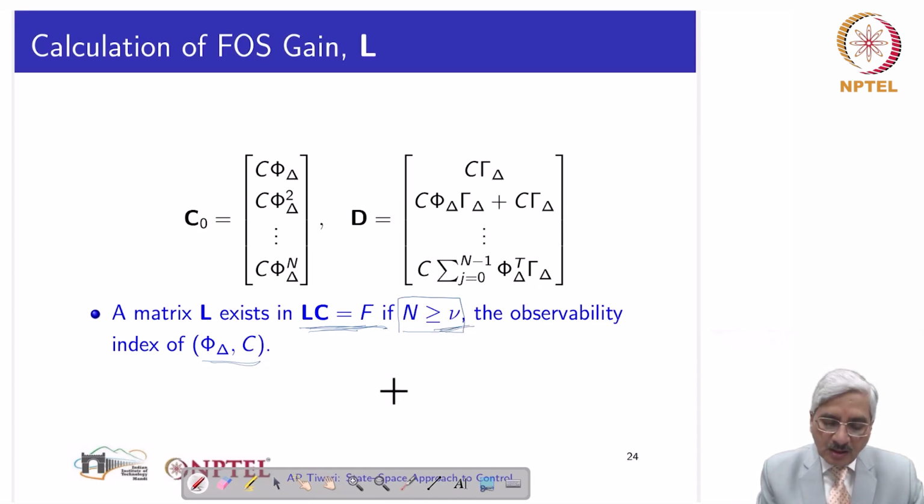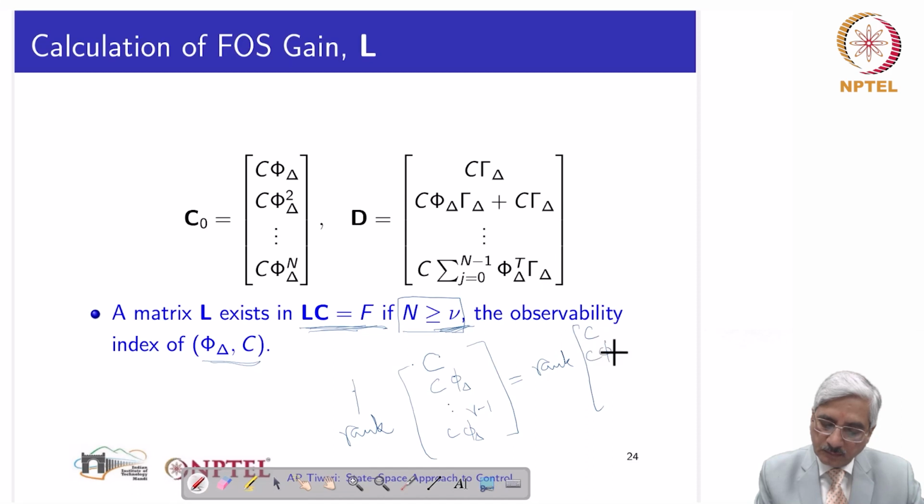Just to recall, this is the largest value of ν for which the matrix C, C φ_δ, etc., up to C φ_δ^(ν-1), and the next matrix with C φ_δ² etc. up to C φ_δ^ν, will have the same rank.